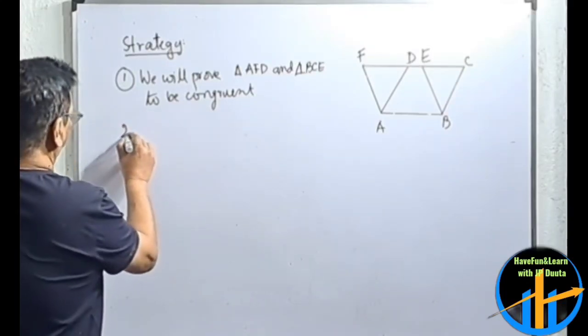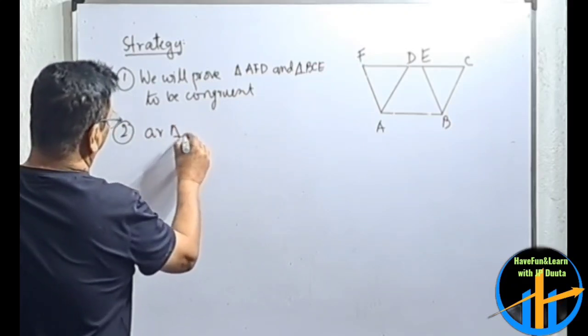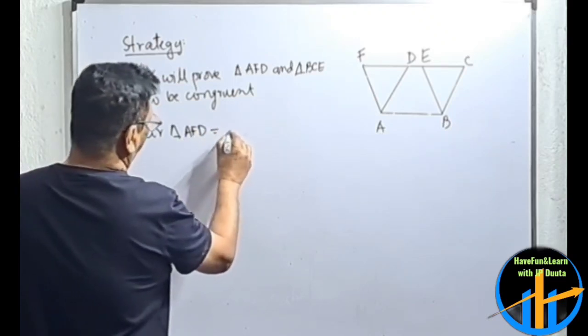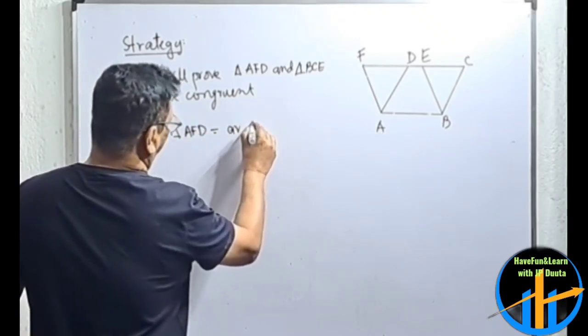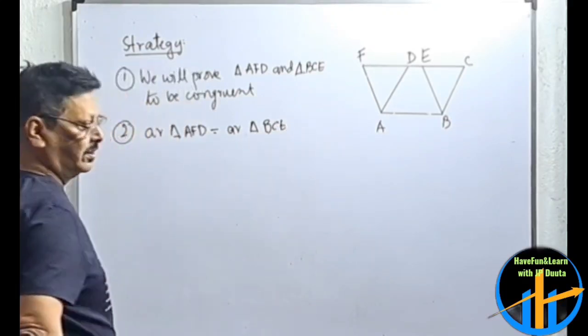Therefore, area of triangle AFD is equal to area of triangle BCE. Right? Okay.